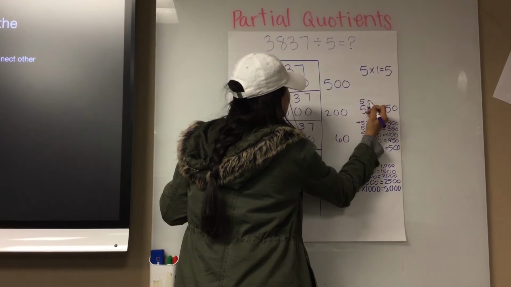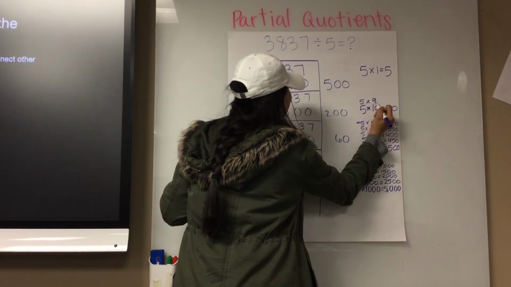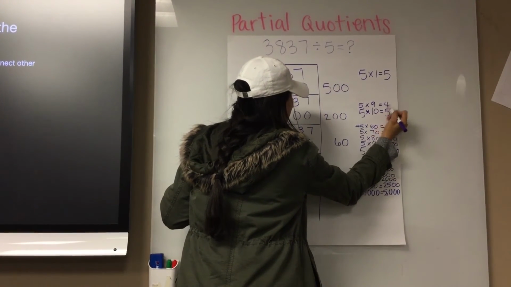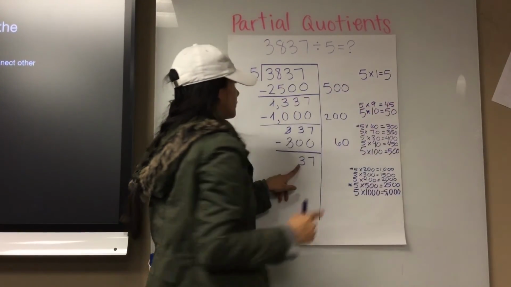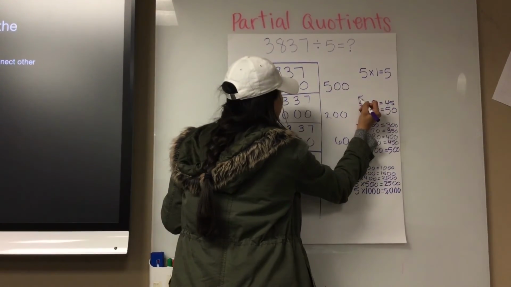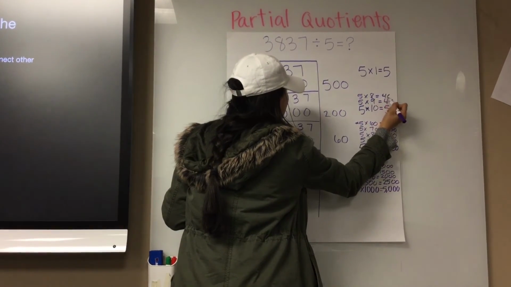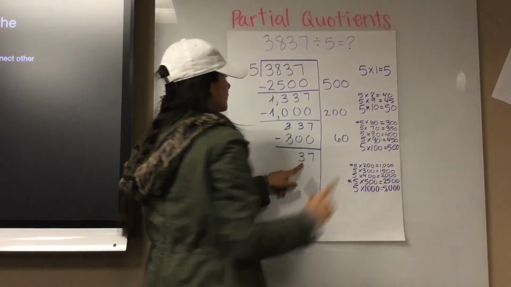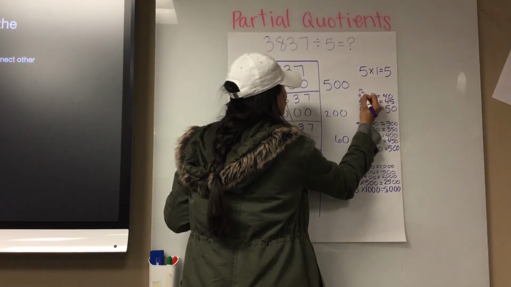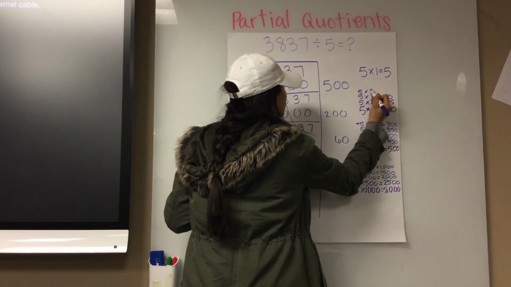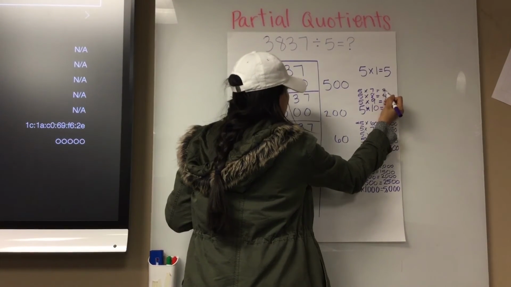5 times 9 equals 45, and we know that that won't fit, so we'll have to go lower again. 5 times 8 equals 40. That still won't fit. 5 times 7 equals 35, and that will fit.